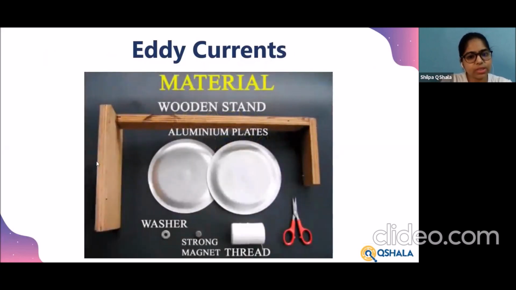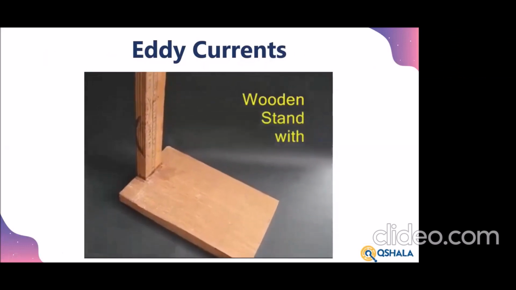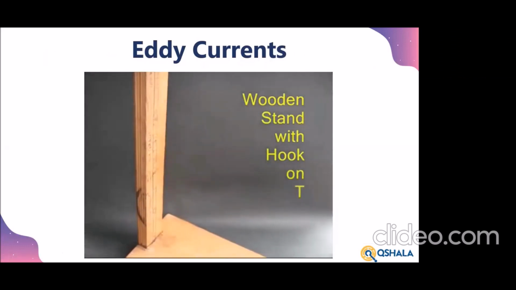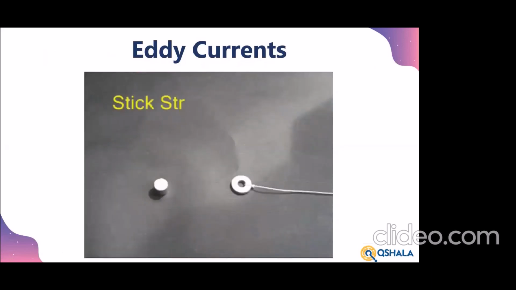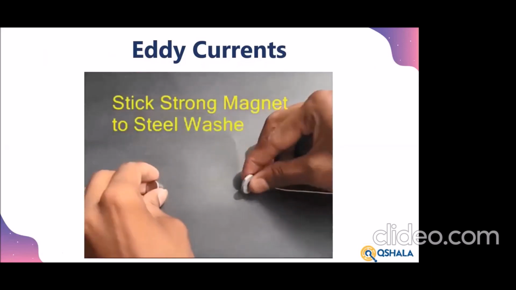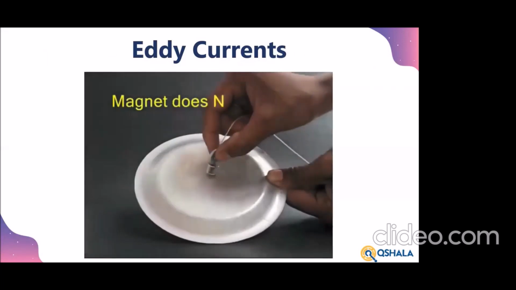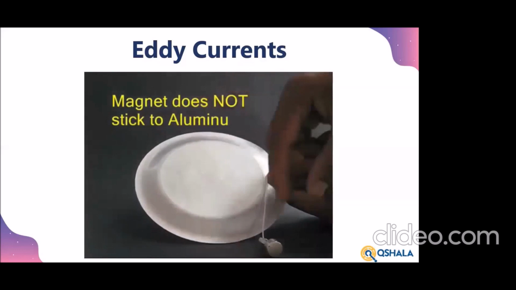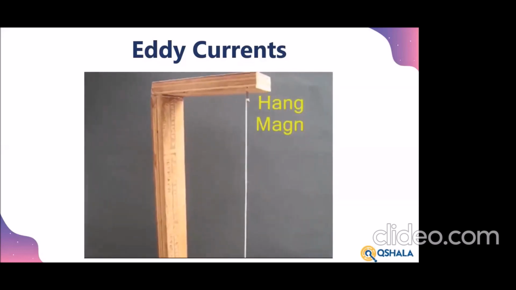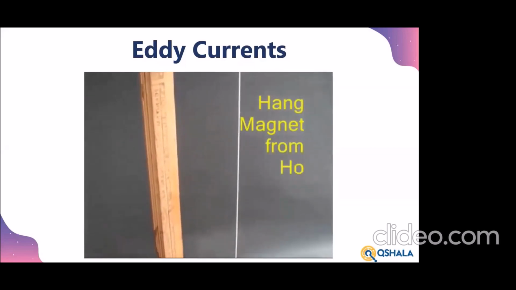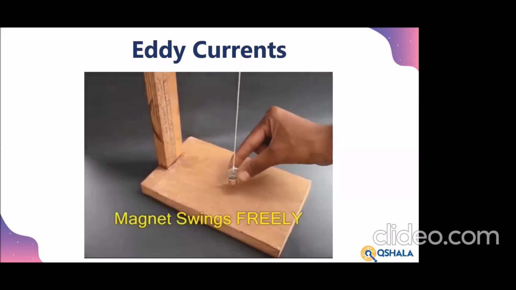This is all that you need to do this. Make a wooden stand with a height about 1.5 feet and a hook at the top to hang a thread by. Take a strong neodymium magnet and stick it to a washer and attach a long thread to the washer. The magnet does not stick to an aluminum plate. It just falls off. Hang the magnet from the hook and swing it freely.